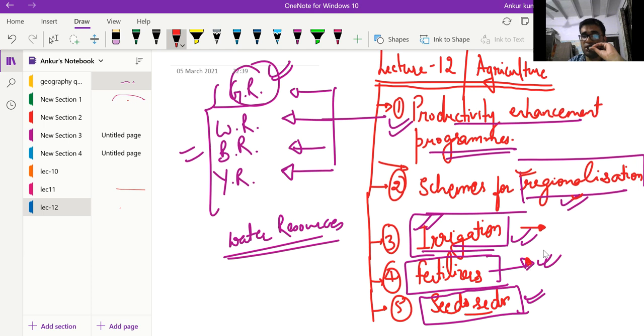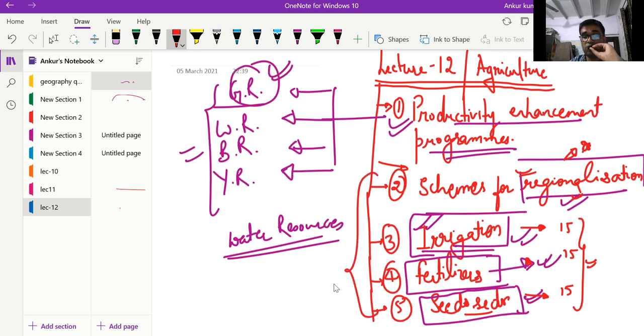The fertilizer topic is also small, about 14-15 minutes. The seed sector will also be completed in 15 minutes. Irrigation will take a bit more, and regionalization may take 30 or 35 minutes. So another 1 hour is required for finishing these 5 topics.